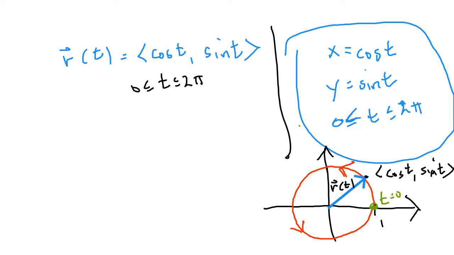You're starting at t equals 0 there, and then you wind up at t equals 2 pi. You arrive back there. So, just some simple ideas. All right, let's take a look at some other things here. Let's keep going.